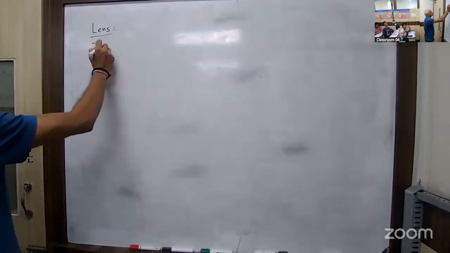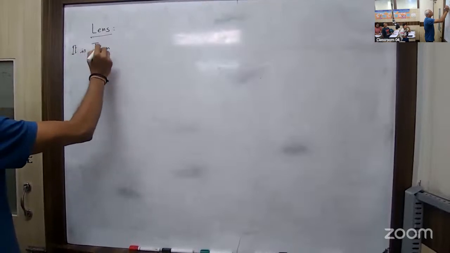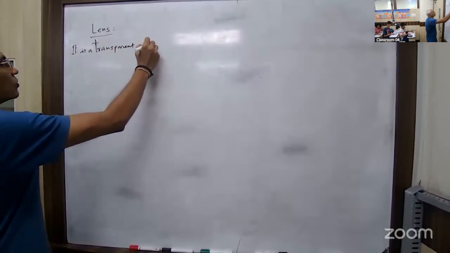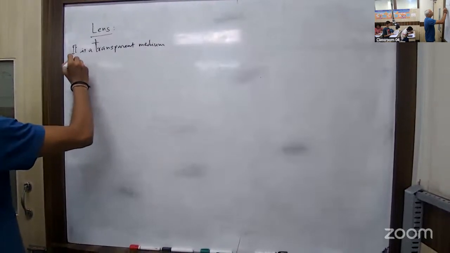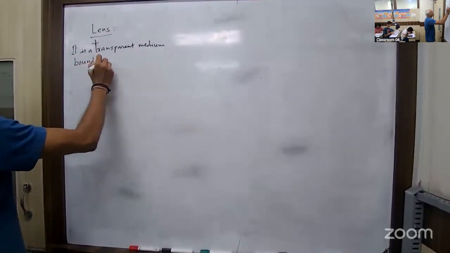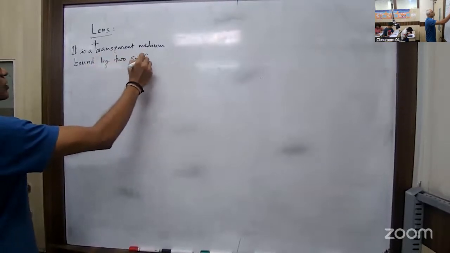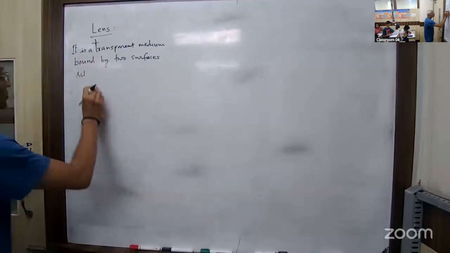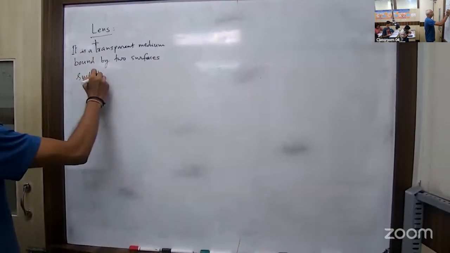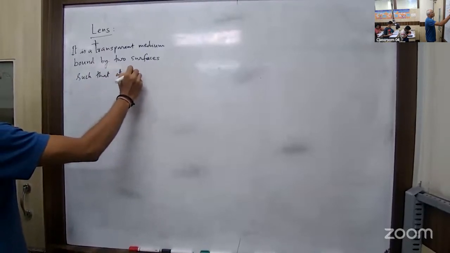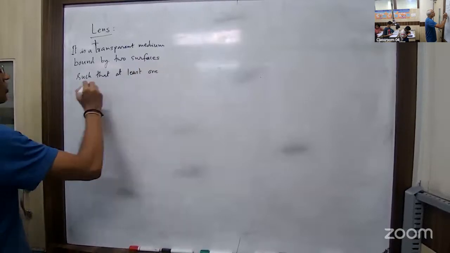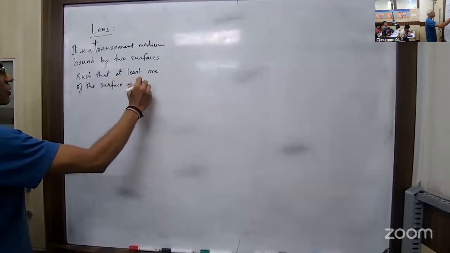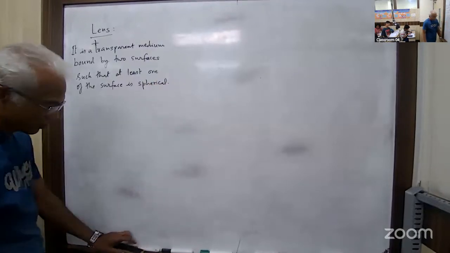So it is a transparent medium bound by two surfaces such that at least one of the surfaces is spherical. Okay.